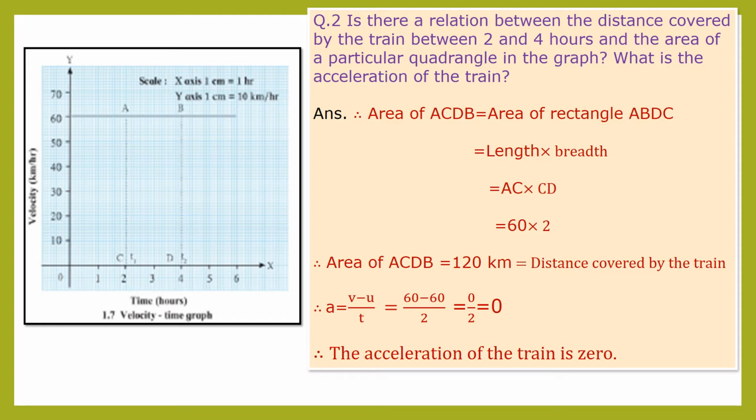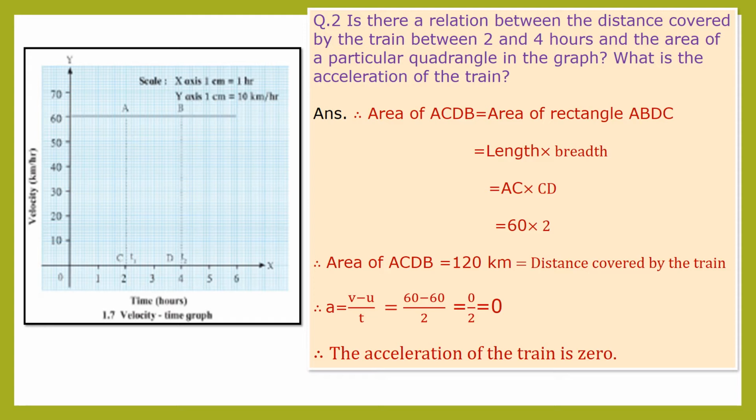Now we have to calculate here, children, the acceleration of the train. The acceleration of the train will come 0, because the initial velocity for 2 hours corresponds to 60 kilometer per hour, and the final velocity for 4 hours is also 60 kilometer per hour.